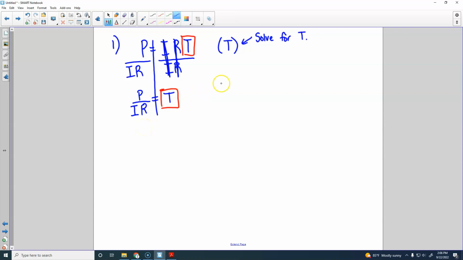If it is multiple choice, they will probably put the variable that has been solved for over on the left-hand side and put the P over I times R on the right-hand side.